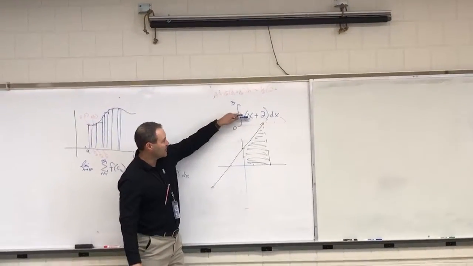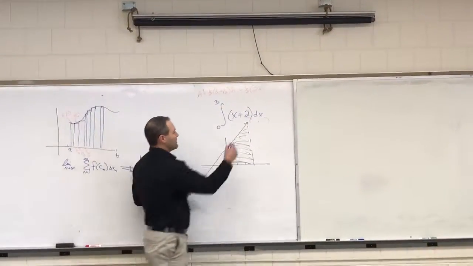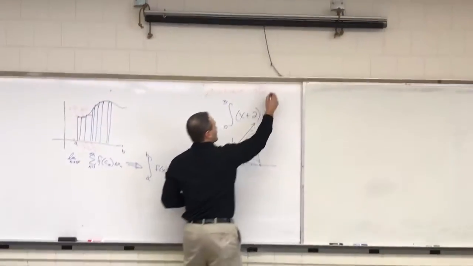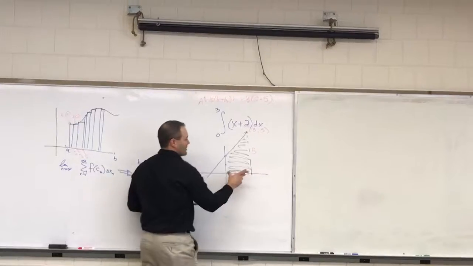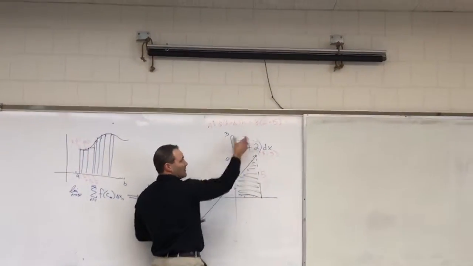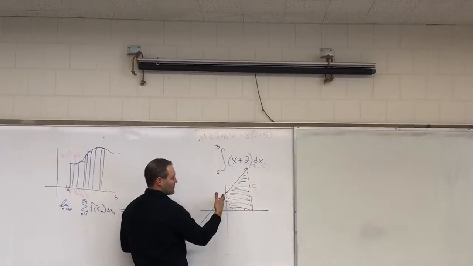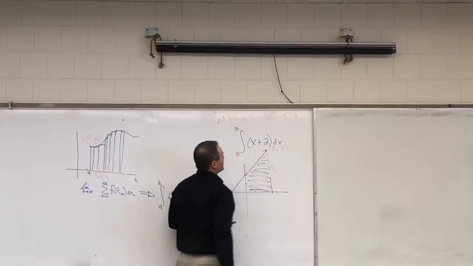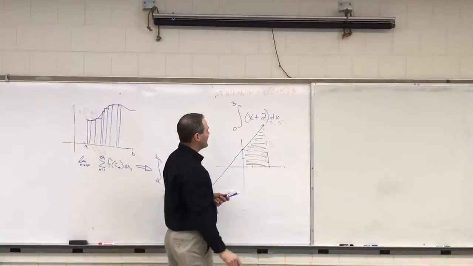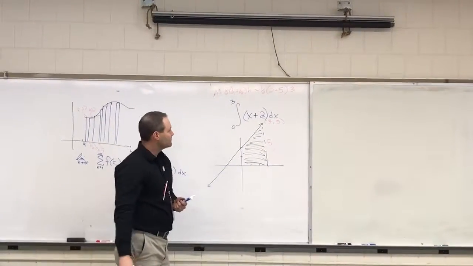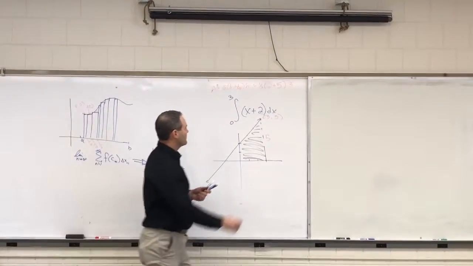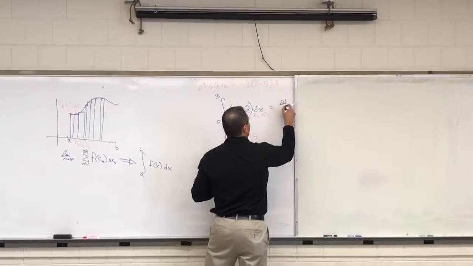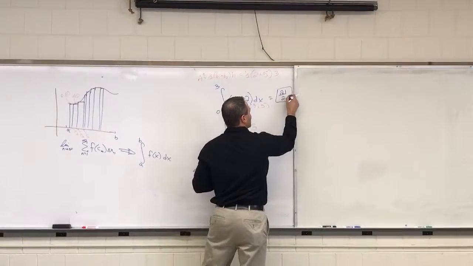You plug 3 in here, you get 5. So that means this height is 5, right? And then the height of a trapezoid is the distance from one base to the other, so that's 3. So what, 21/2? 10.5? So our answer would be 21/2 units squared.